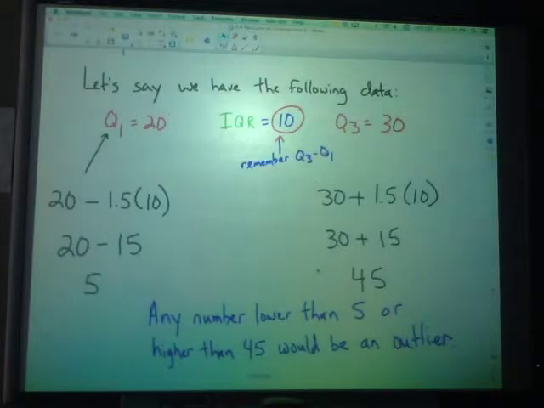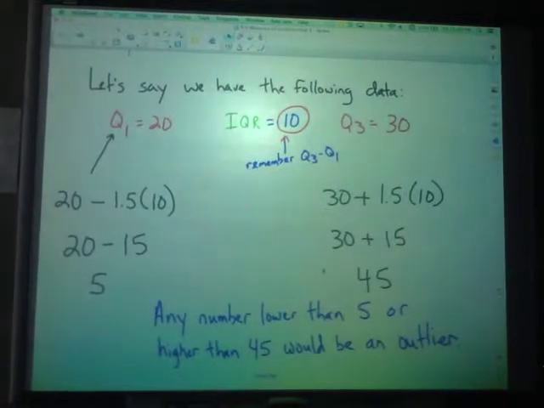I determined that my quartile 3 is 30 from that same set of data. Remember, the Q3 minus Q1 is our interquartile range. So once I've got those three numbers, this is really pretty easy. I have the interquartile range circled there, by the way. It's in blue and it's circled in red. Okay, 30 minus 20 is 10.